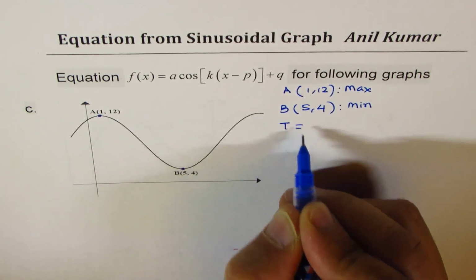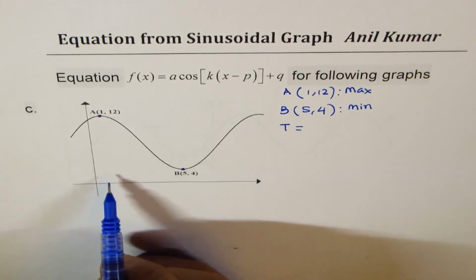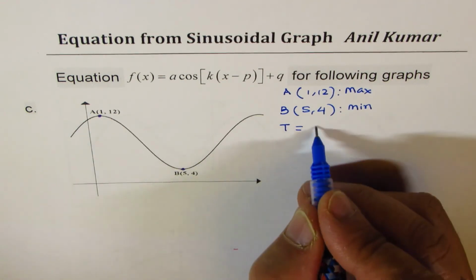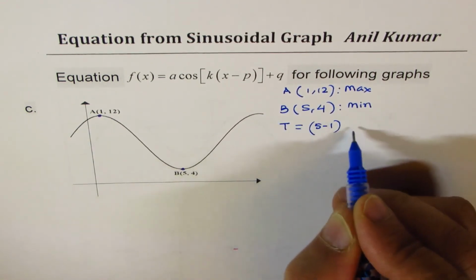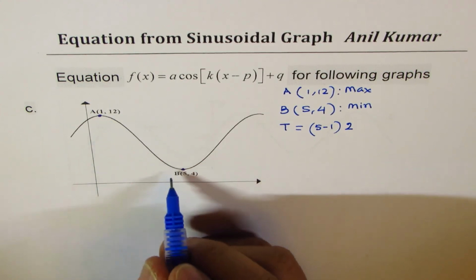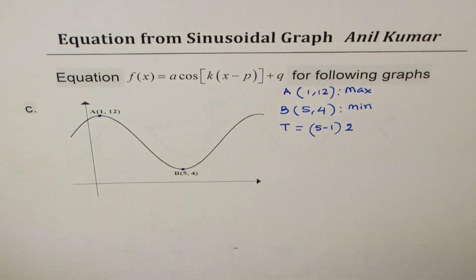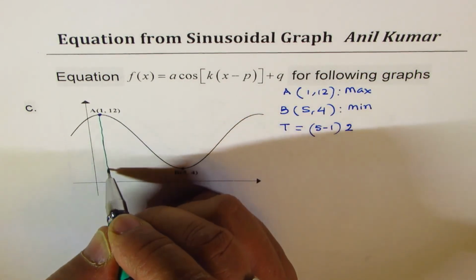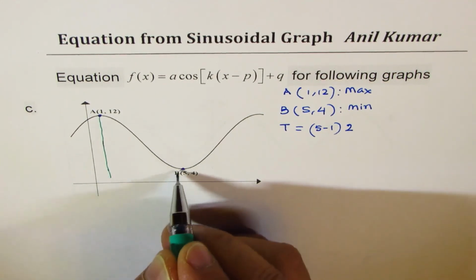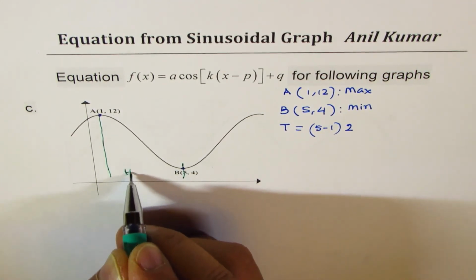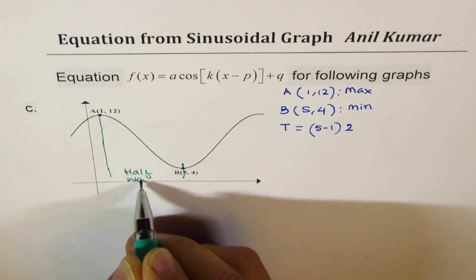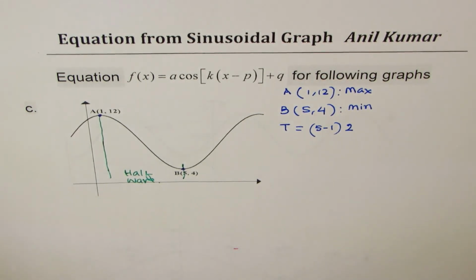So time period T is difference in x values, which is 5 minus 1, times 2, since it represents half the wave, right? This is half wave. Therefore, time period is being multiplied by 2.